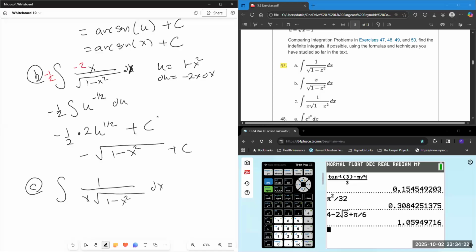But since this is a squared minus u squared, and I would have had a du up here without the x, I would have been able to do that. But this does not fit any of the forms, so we can't integrate this, and I'll say yet. We don't know how to integrate it yet.